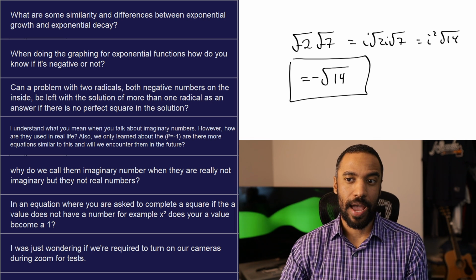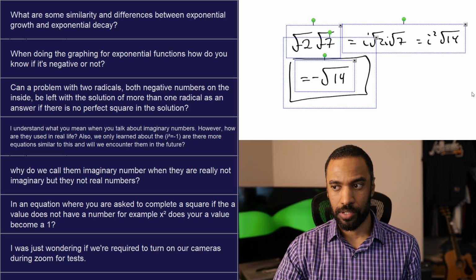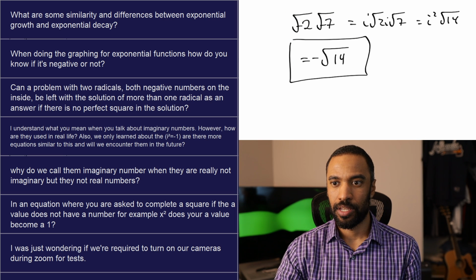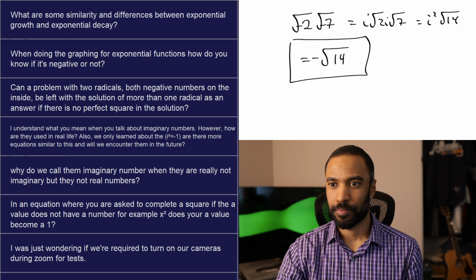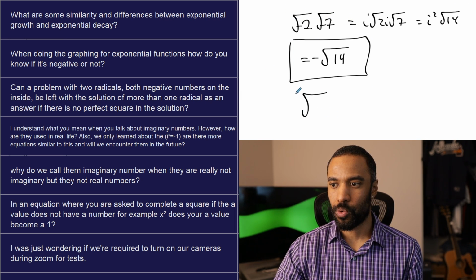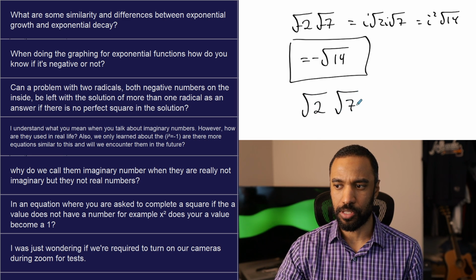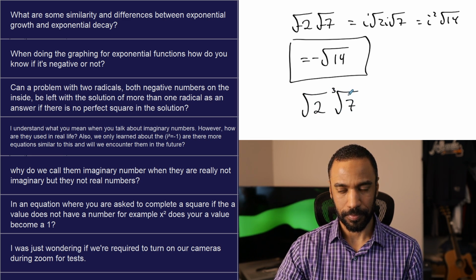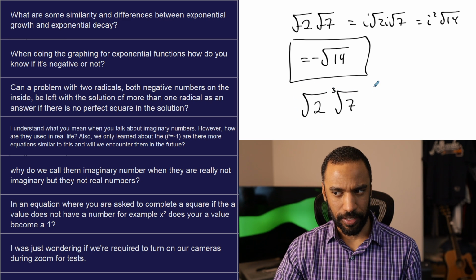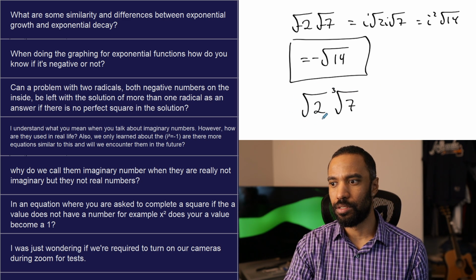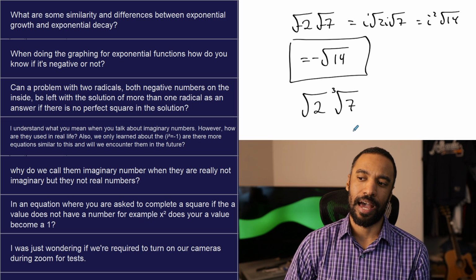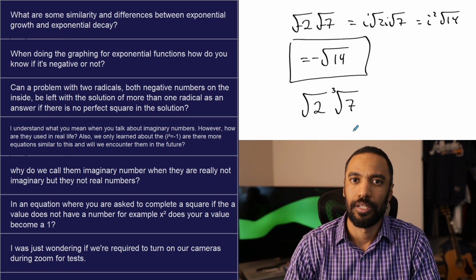Now, if they are radicals of different roots, if this was the square root of 2... Actually, I'm not sure if this is right. Let me think about this. If this is the square root of 2 times the cube root of 7, you could leave it like this. Yeah, you would leave it like this.